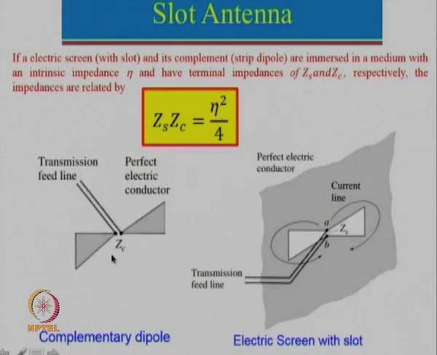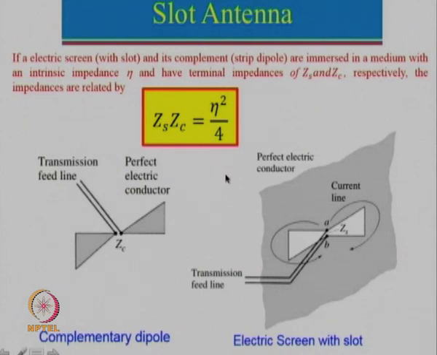So, if we use this concept, one is the dipole antenna and this is the slot antenna. The product of these will be related to free space. E field becomes H field, H field becomes E field. The ratio of E and H field is eta. So, that is how this is a constant.